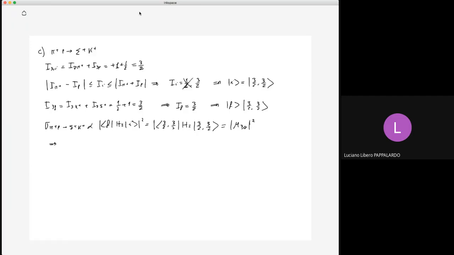So let me write it down the same way as the other. So pi plus p into sigma plus K plus will be proportional to M_3/2 squared.